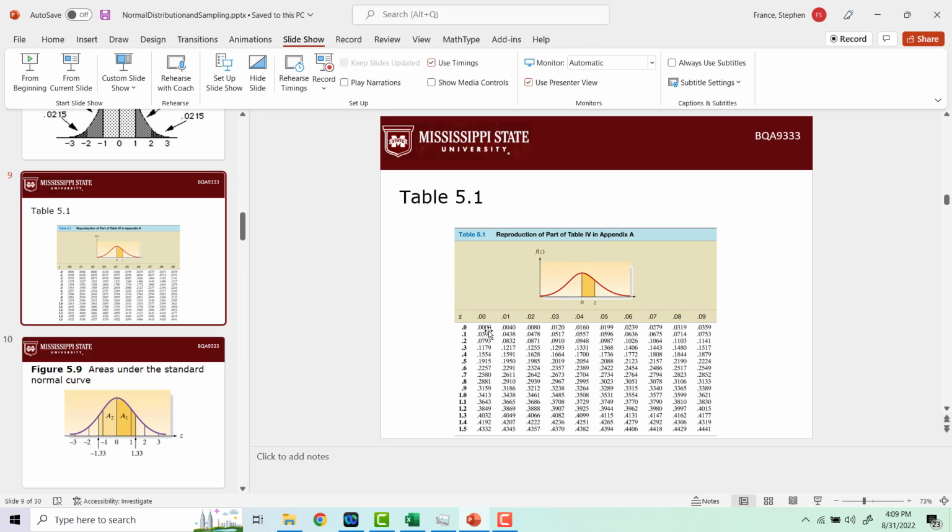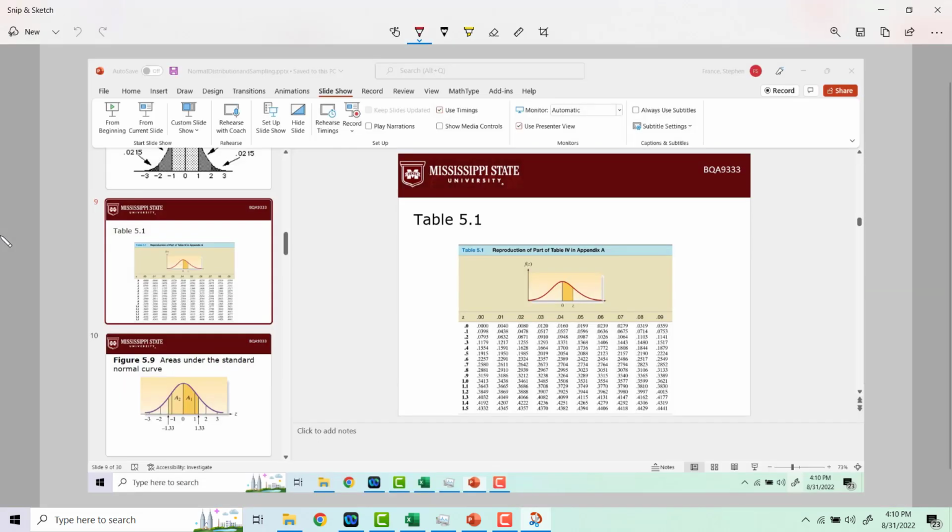So 1.00, go down, and we can see that this area here is 0.3413.